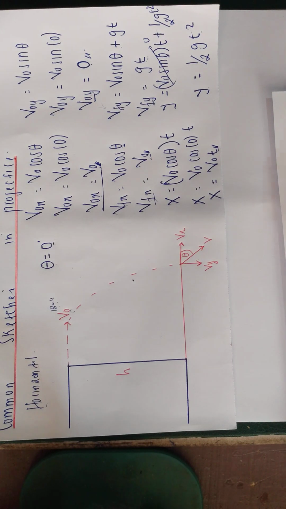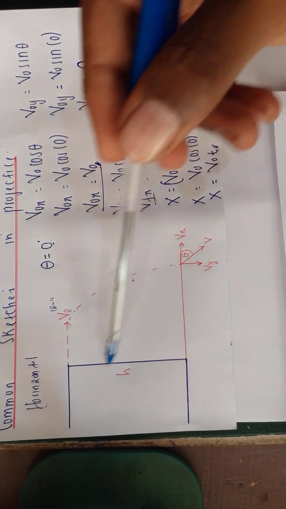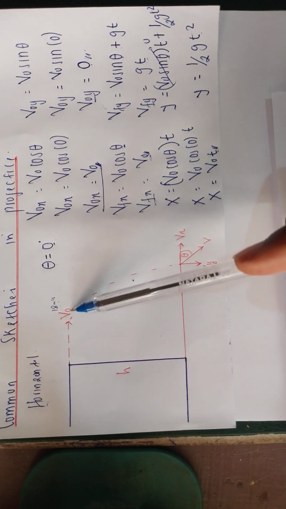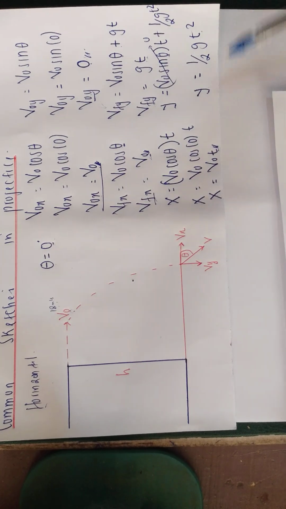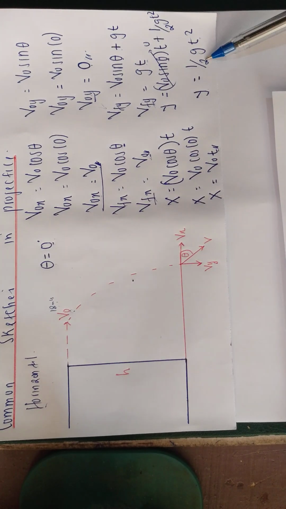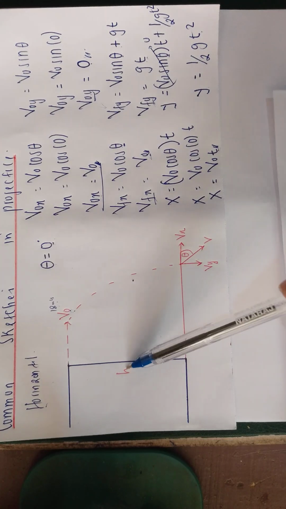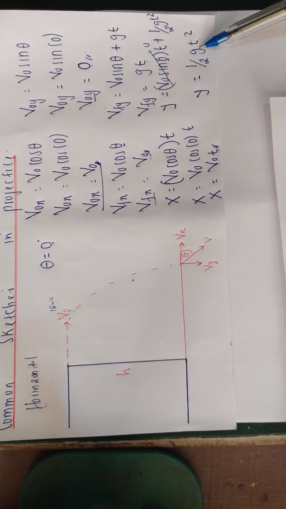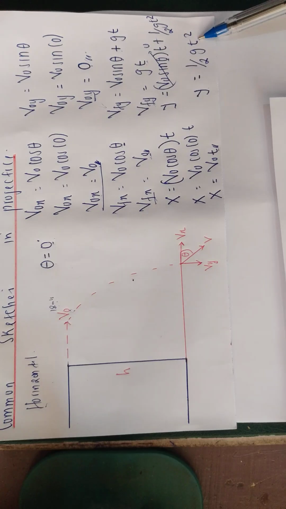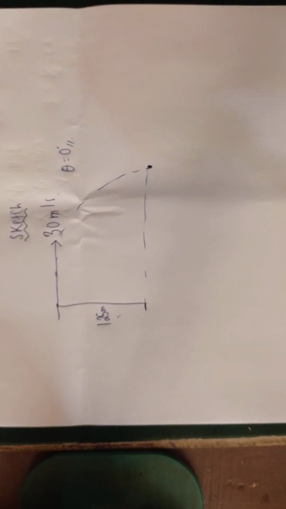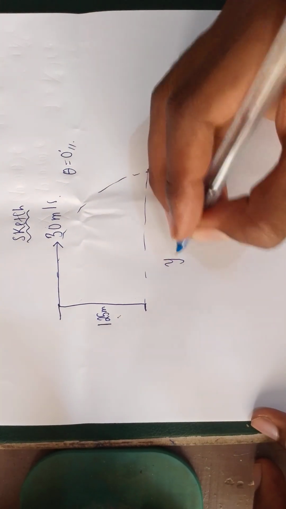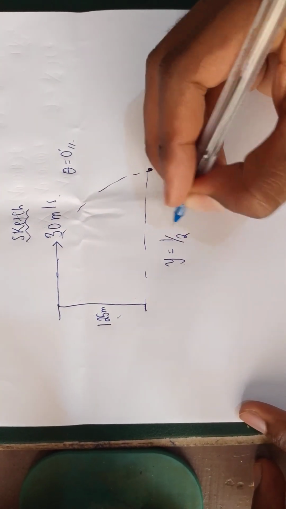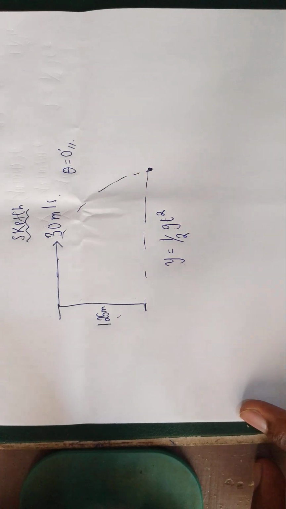Which formula can we use to determine the time of flight? The only formula you can use is this one here, because your y is your h. You already know what your gravity is, and we are looking for this t. So to determine the time of flight, you'll say your y is going to be equal to 1 over 2 g t squared.